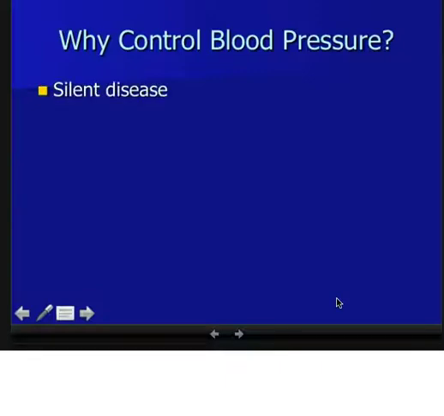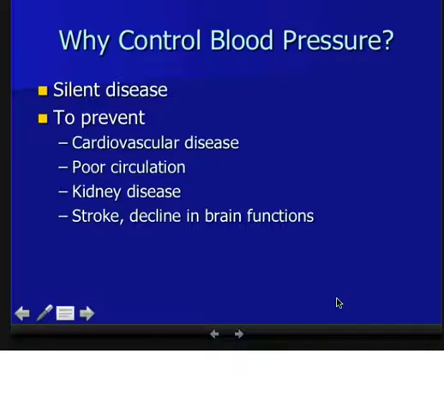Okay, why do we need to control blood pressure? Well, it's a silent killer. To prevent the disastrous consequence of high blood pressure, which is a burst capillary bed in the brain or in the heart, what we can do is we can exercise, we can reduce our fat intake, and we can reduce our overall body weight and increase our lean muscle mass.